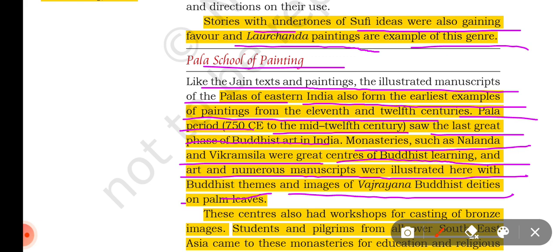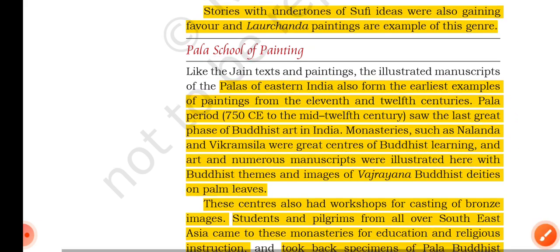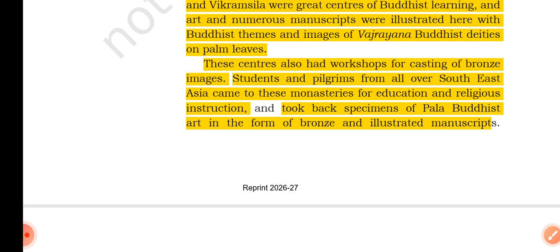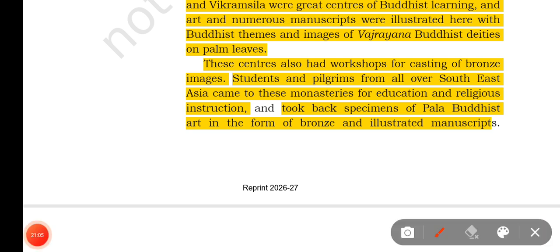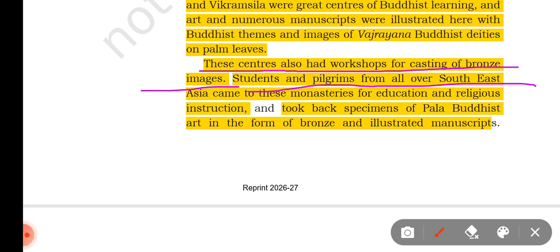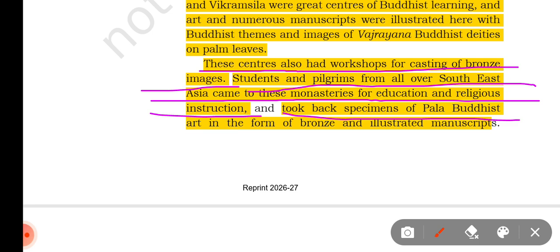An image of Vajrayana Buddhist deities on palm leaves. These centers also had workshops for casting of bronze images. Students and pilgrims from all over Southeast Asia came to these monasteries for education and religious instruction and took back specimens of Pala Buddhist art in the form of bronzes and illustrated manuscripts.